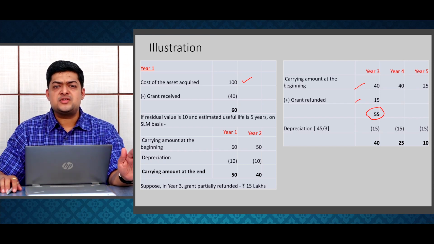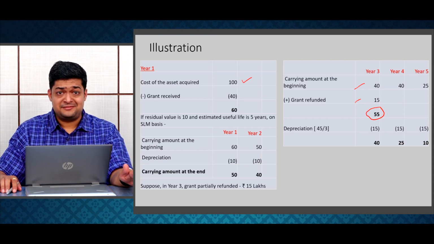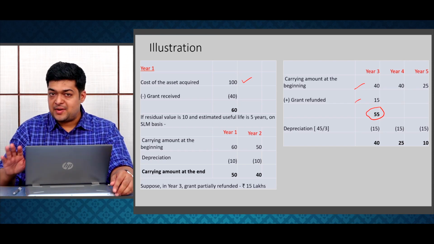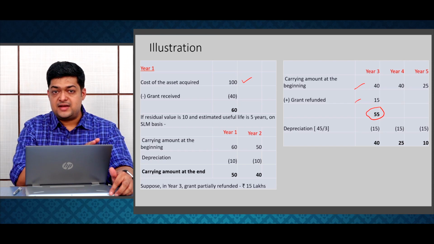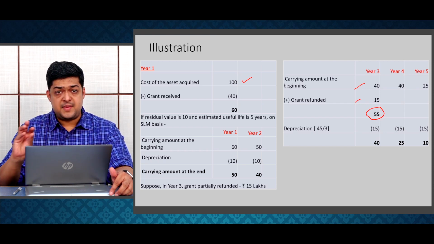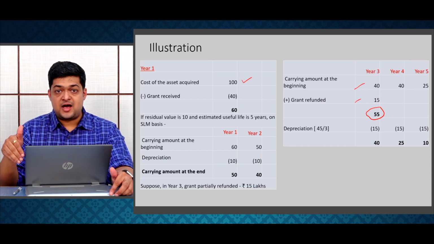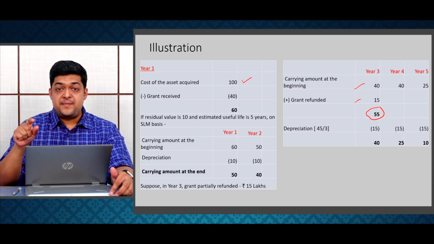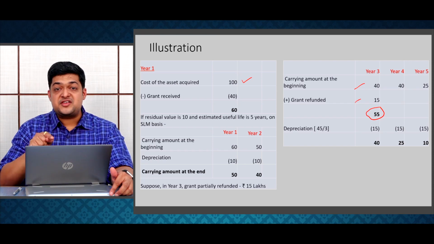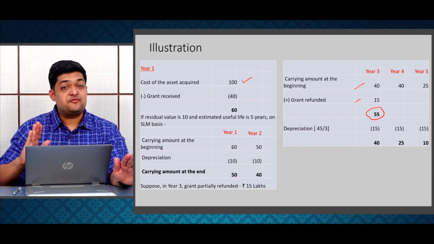Suppose residual value is the same, it is 10. Now 2 years have elapsed, so 3 years remain. Useful life of 3 years is there from now, and the depreciable amount is 55 minus 10, that is 45.